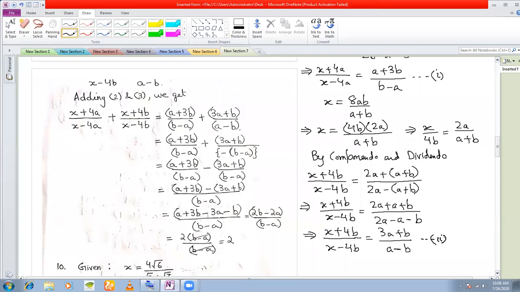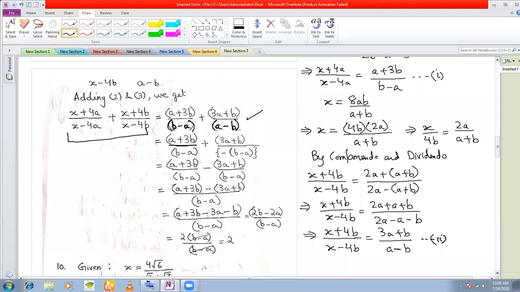Now if you add these two, you will get the value of this. What do you get in the denominator? You have b minus a in one, and a minus b in the other.